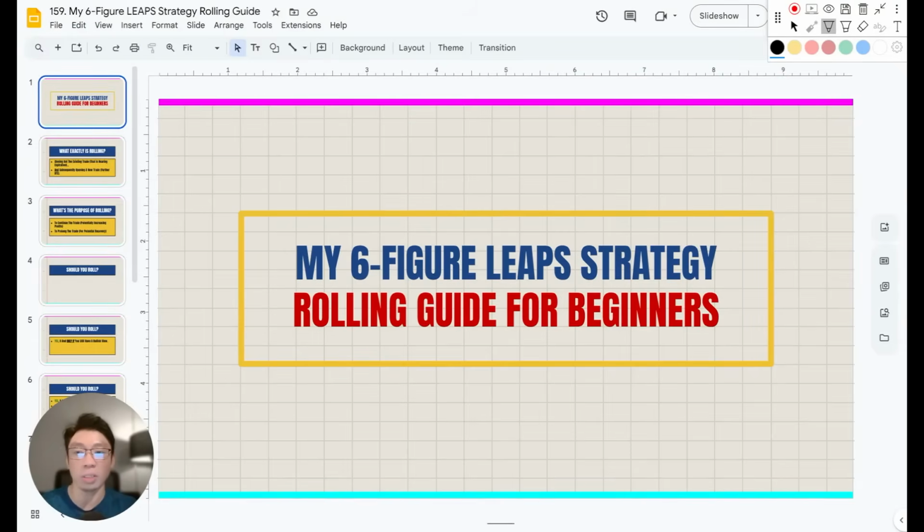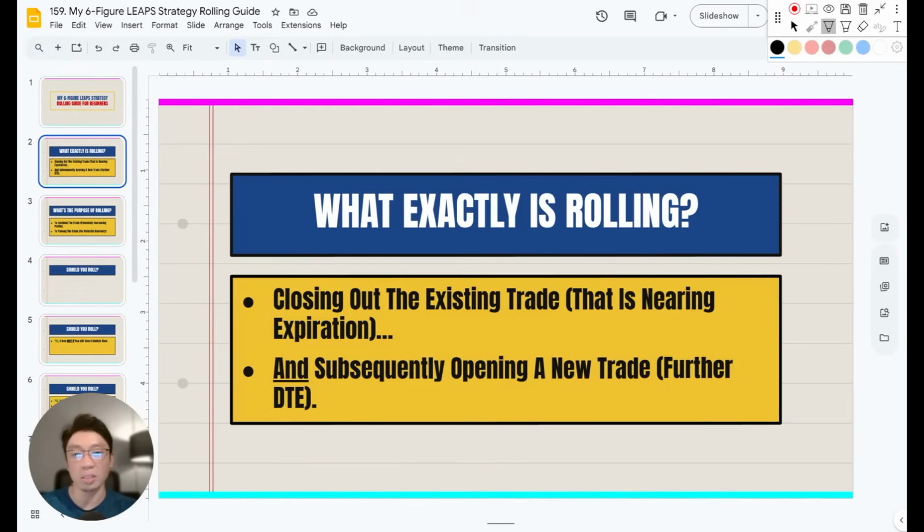So the very first thing we want to talk about is, what exactly is rolling? If you're new to trading options and unfamiliar with this term, it's actually pretty simple. The whole idea of rolling is closing out the existing trade that is nearing expiration, and you subsequently open a new trade that is further out in time. That means you go for a further DTE.